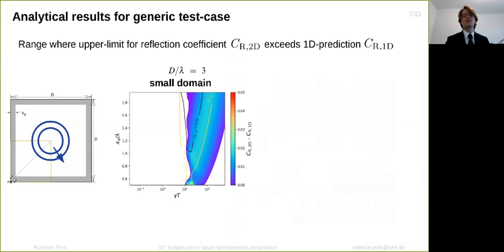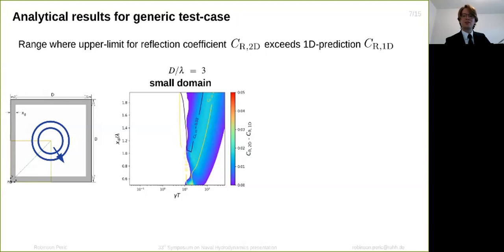Here we see results for probably the smallest domain size that one might use in engineering practice. It is only 3 wavelengths wide. On the vertical left axis, we see the forcing zone thickness non-dimensionalized by the wavelengths, starting from half a wavelength in the bottom left corner up to 2 wavelengths in the top left corner.